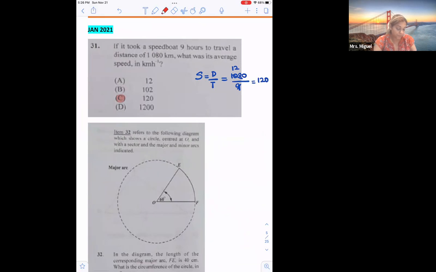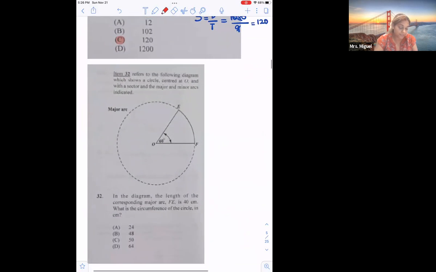Item 32. The major arc is 40. So this part here is 40. The circumference.